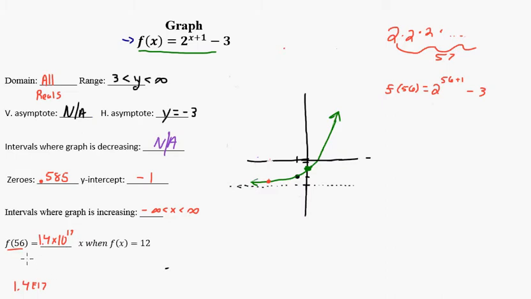So to get an idea of what this number looks like, you write 1.4, and since it's positive 17, you move this decimal place 17 places to the right. 1, 2, 3, 4, 5, 6, 7, 8, 9, 10, 11, 12, 13, 14, 15, 16, 17. So essentially it's 1, 4, and then 16 zeros.